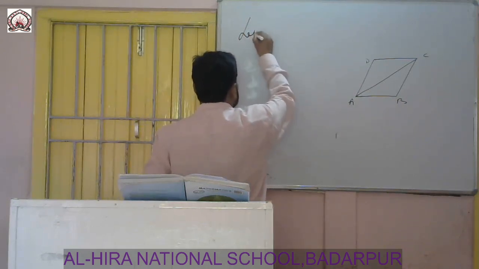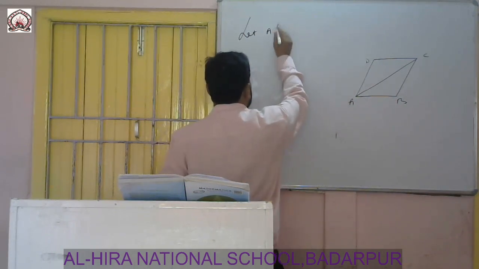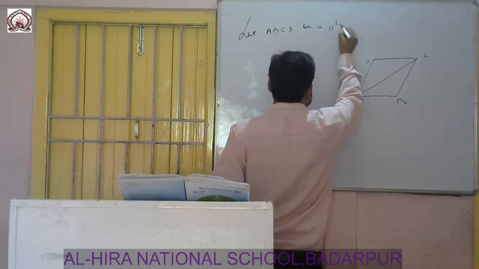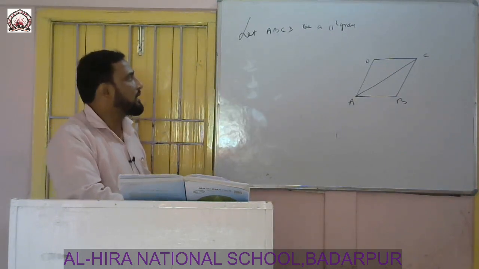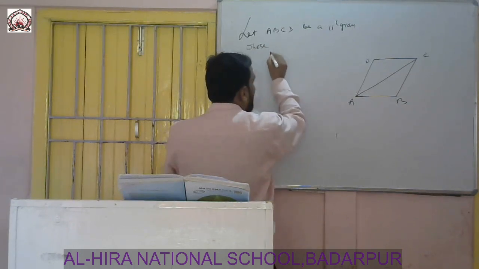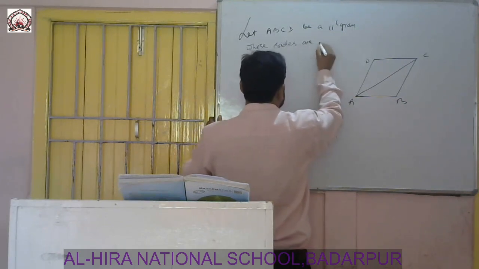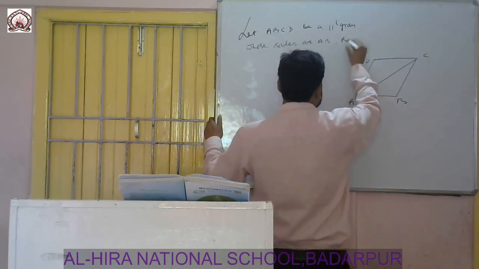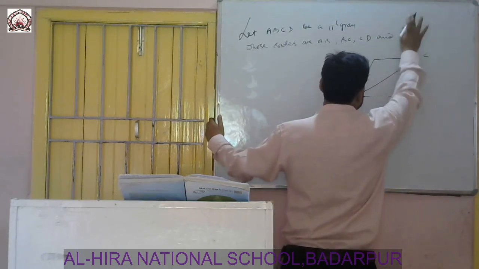Let ABCD be a parallelogram, the name is not given so we are supposing the name is ABCD. In short writing, parallelogram, because of shortage of time, whose sides are AB, BC, CD and DA or AD.